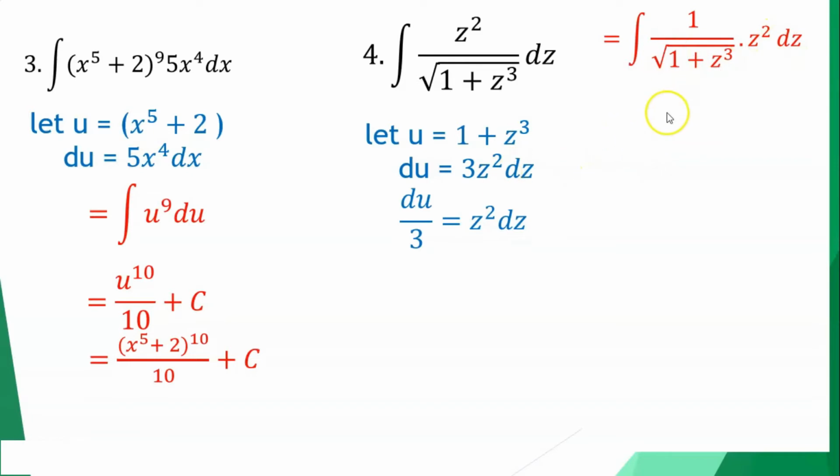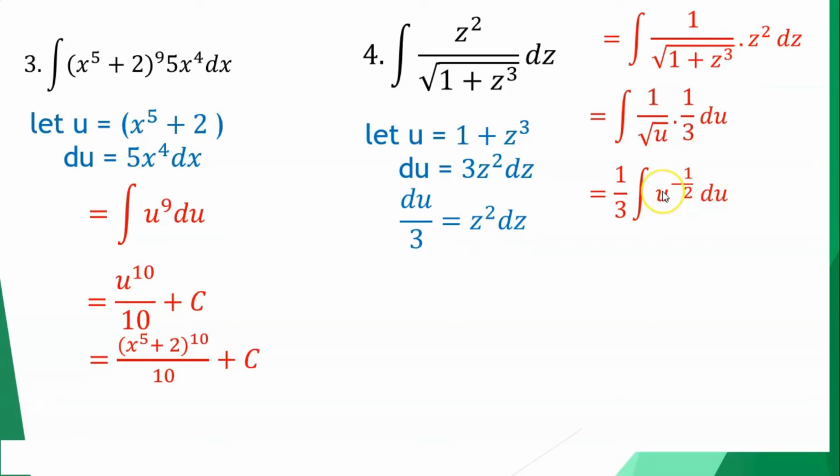So substituting this one, this would become 1 over the square root of u times, take note, z squared dz is du over 3, or that's 1/3 du. So we can rewrite this as 1/3 the integral of 1 over the square root of u, which is the same as u to the power of negative 1/2 du.